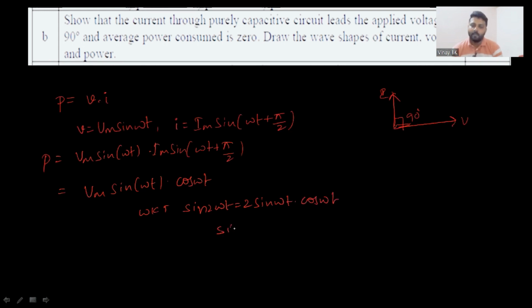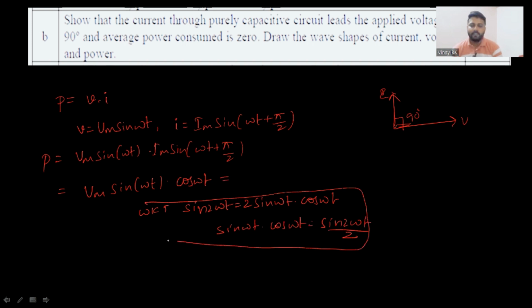So sine omega t into cos omega t is given by sine 2 omega t divided by 2. So with reference to this, you can rewrite the instantaneous value of P as Vm Im sine 2 omega t divided by 2.